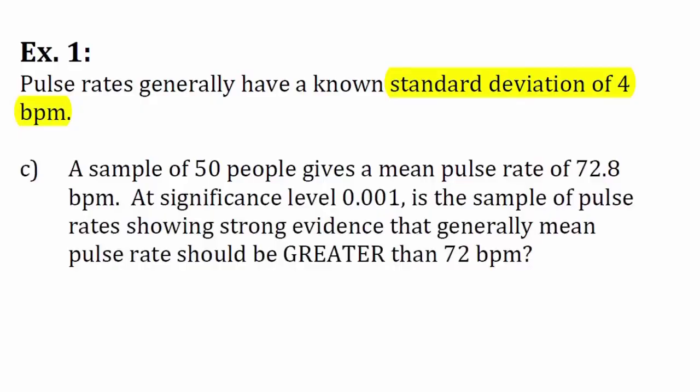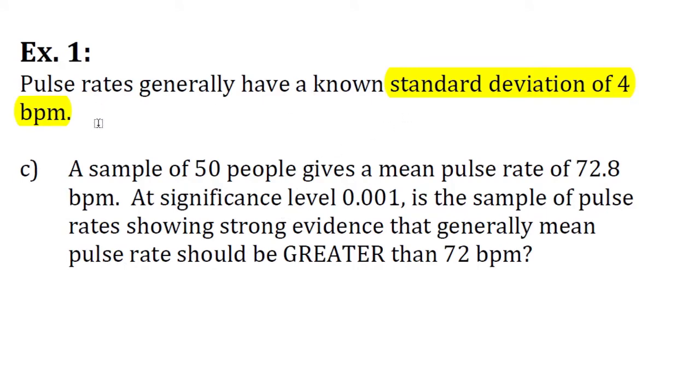Now on the other hand, let's look back at the wording of our problem. Right from the beginning description, besides this known standard deviation, there was no further information regarding our beginning population, the population where we picked any of our samples from.